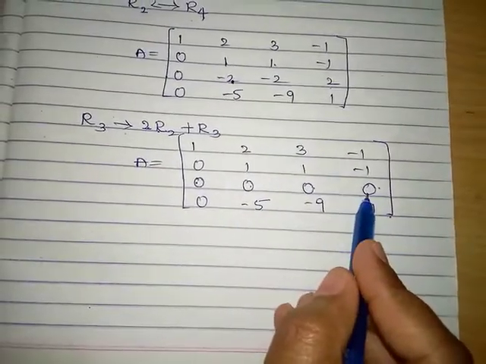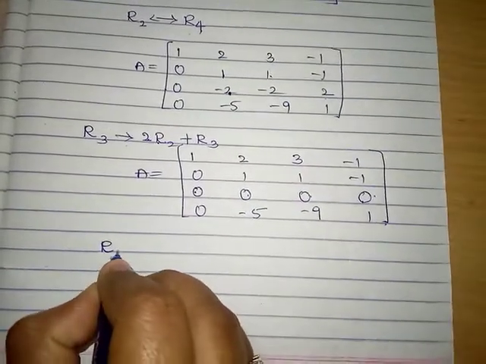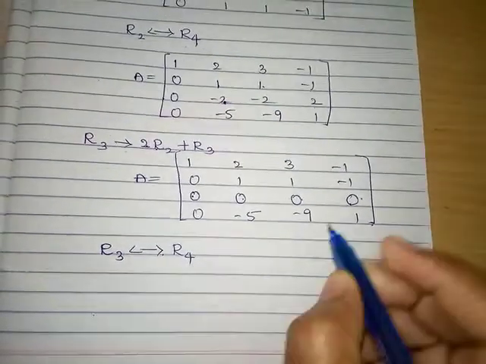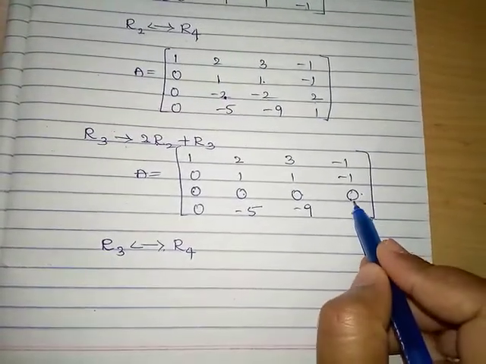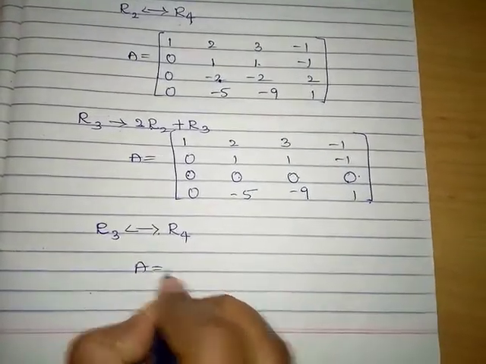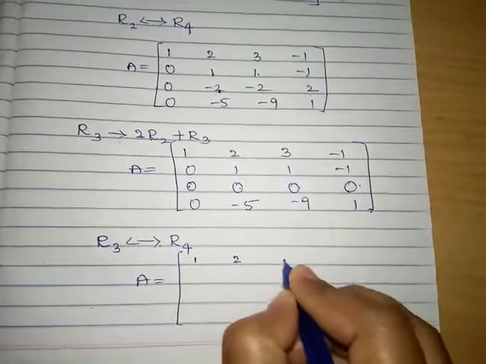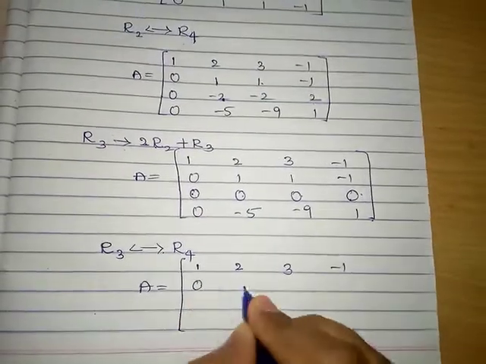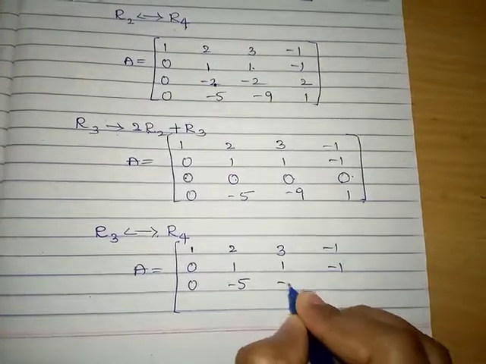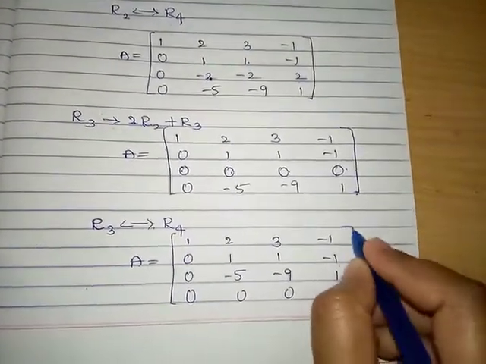See here, the third row is a 0 row, so I will take R3 changes to R4, because according to our echelon form, all non-zero rows are above the 0 rows. It will be matrix A is equal to 1 2 3 minus 1, 0 1 1 minus 1, 0 minus 5 minus 9 1, 0 0 0 0.